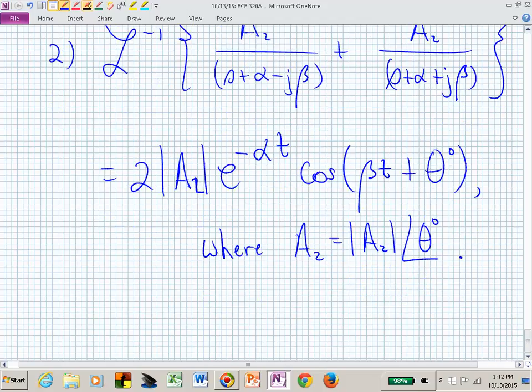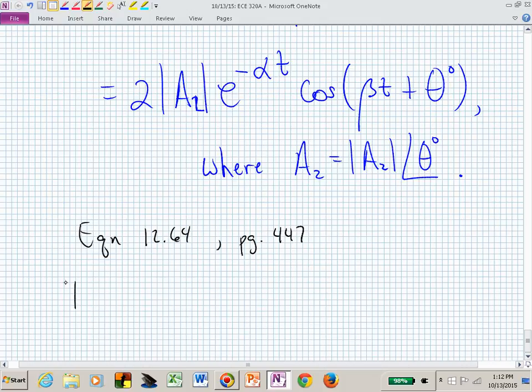This you should find in your textbook as equation 64 on page 447. And again, you will find it as one of the entries in table 3 of chapter 12 near the end of that section, which is page 451.